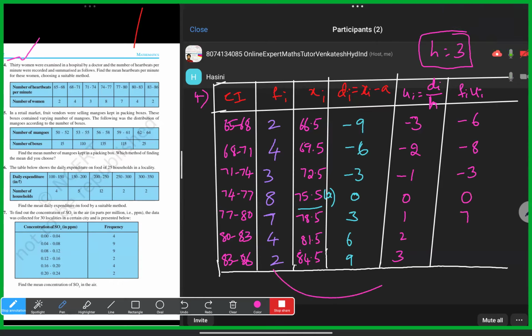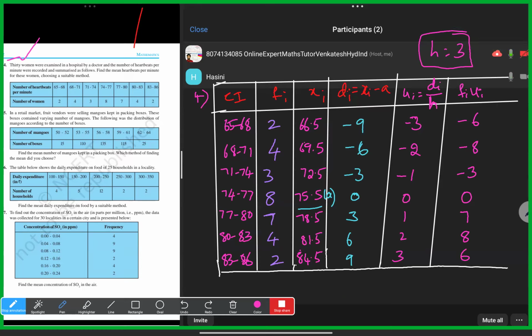We are multiplying f by ui values. So the next one, 4 into 2 is 8. 2 into 2 is 6.